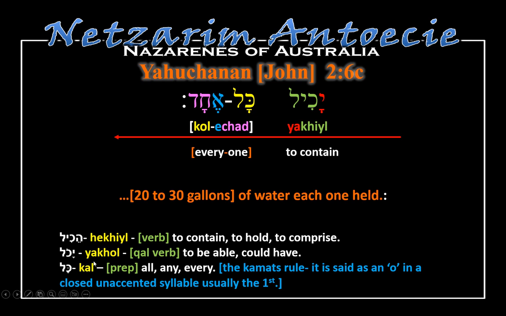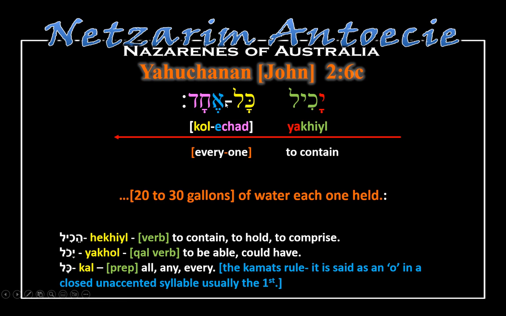Remembering that also yakol is a kol verb, to be able or could have. So we sort of see just the roots of those words. So yakol is to be able. So they translate it as to contain. So we can sort of see where the root comes from. It's able to hold, we could say, right?